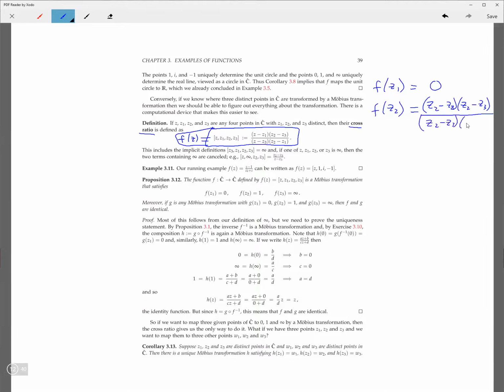Wait, this is z2, this is z2 minus z1. I guess I wrote that wrong. That's z2 minus z1. Can you simplify that?